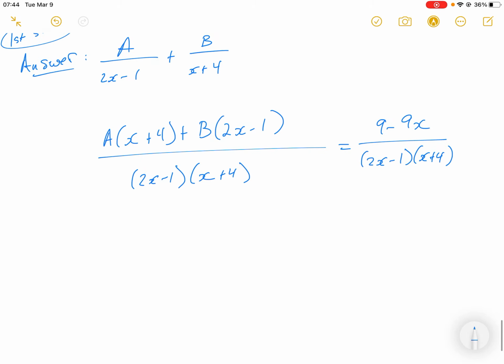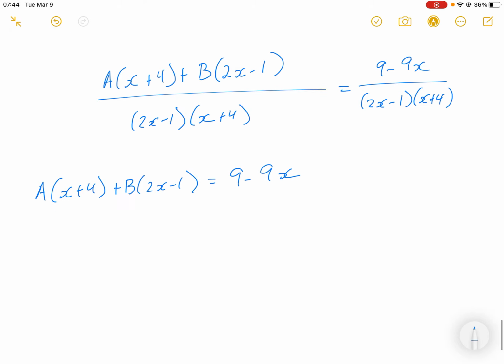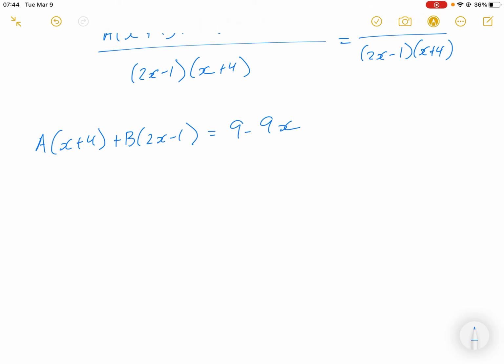And so what I like to do at this point is just kind of ignore the denominators and say a times x plus 4 plus b times 2x minus 1 equals 9 minus 9x. Now there is an alternate method to solve this instead of using systems of equations. I think what I'll do right now is just finish this up using systems of equations, and then I'll post one more video showing you the alternate method to do this.